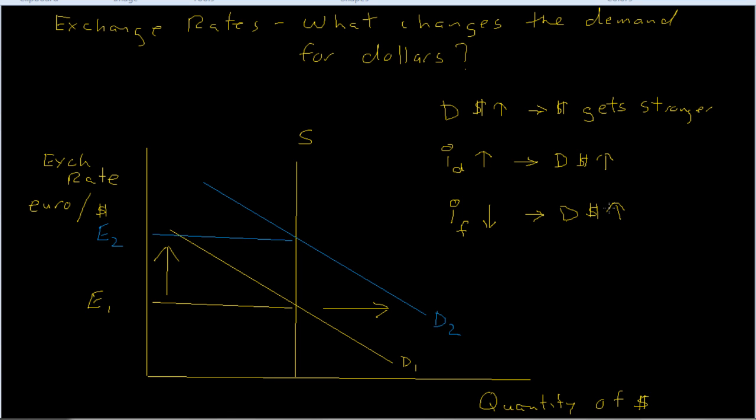You're going to have to convert your euros to dollars. That increases the demand for dollars, and that causes the dollar to strengthen. Okay, the reverse is also true. I haven't drawn it here, but if the U.S. interest rate went down, that would shift the demand curve back, and that would cause the dollar to weaken.